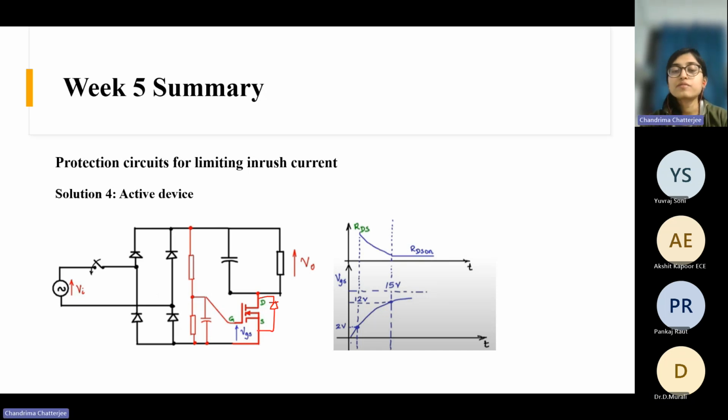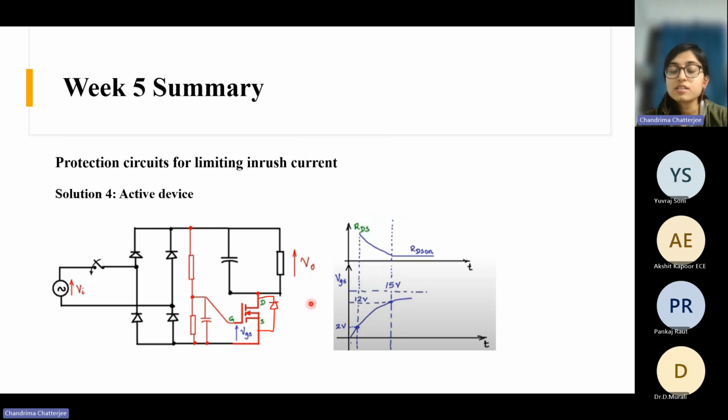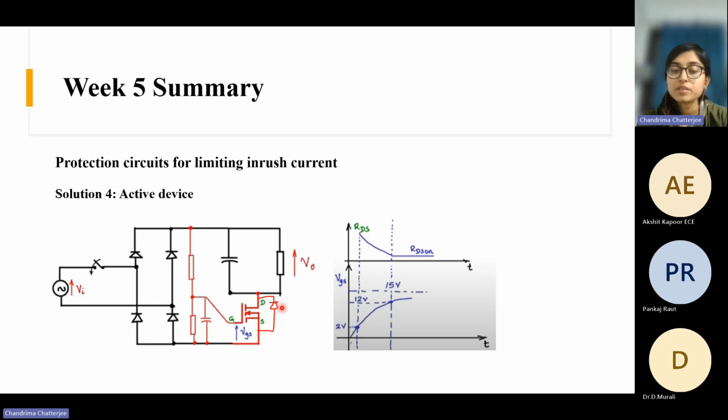When we studied MOSFET, we saw that there is a body diode in the MOSFET. There is an inherent PN junction in the MOSFET. So the problem is, suppose the power is now off, some fault came, so now the power is gone. So the capacitor will discharge through which path?